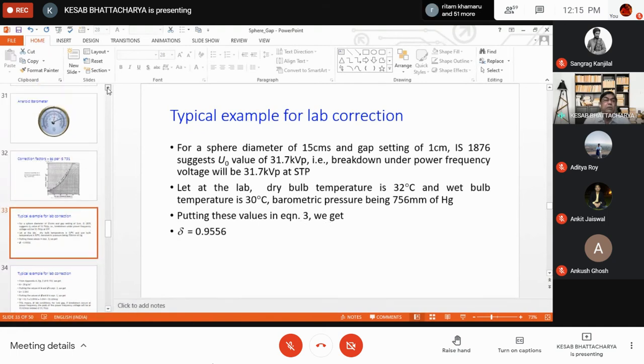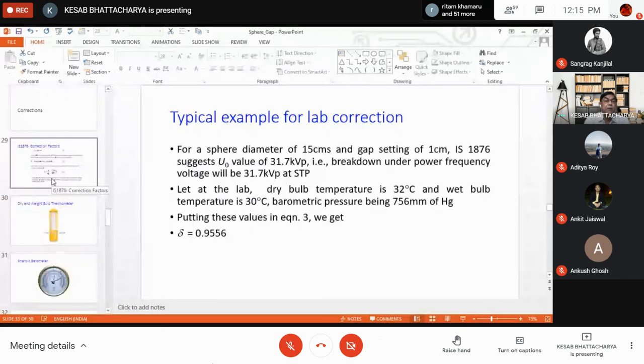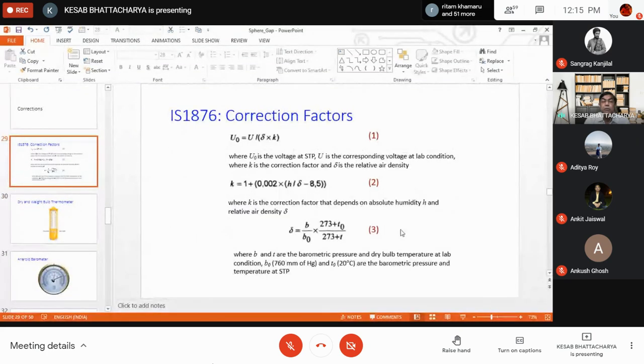So using equation 3, you can find out B is equal to 756, B0 is equal to 760, 273 plus 20, that is 293, divided by 273 plus T, where T is equal to 32. You put these values and find out what you get.